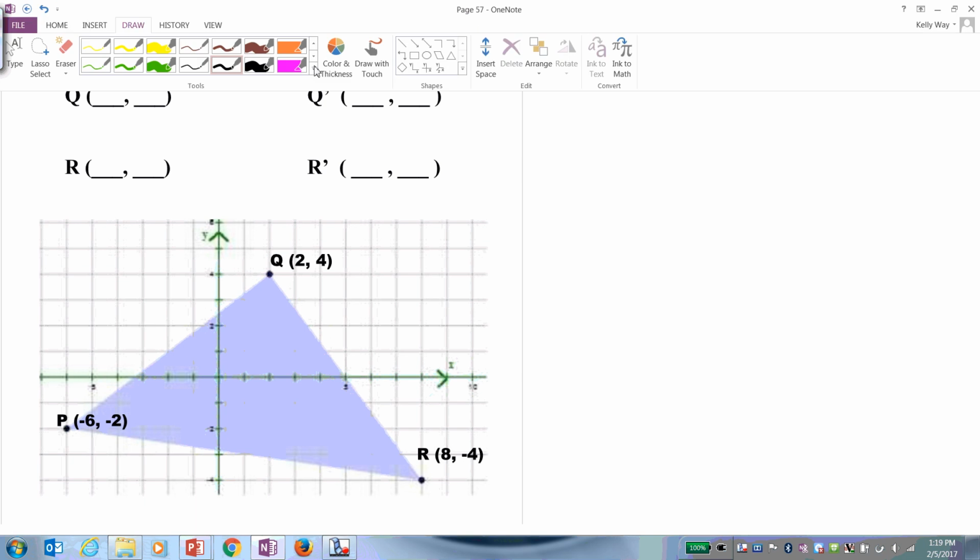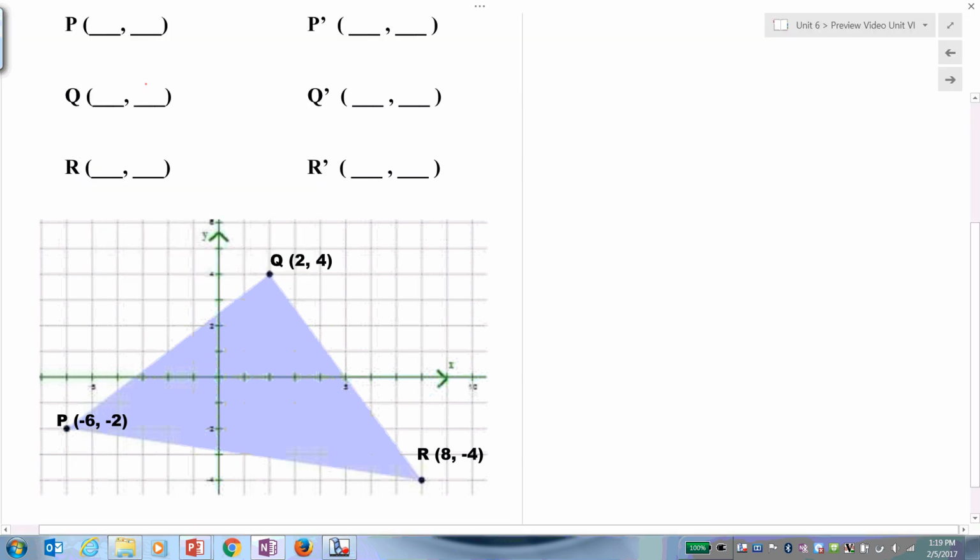Okay, so we have our 3 coordinates here. We have P sitting at -6 and -2. And then we had Q at 2 and 4. And then we had R sitting at 8 and -4. And we're going to dilate by a half here.